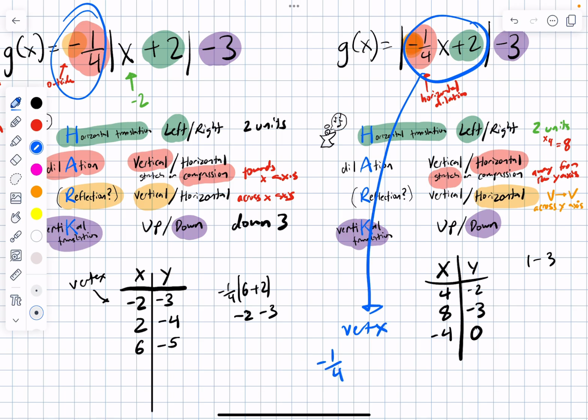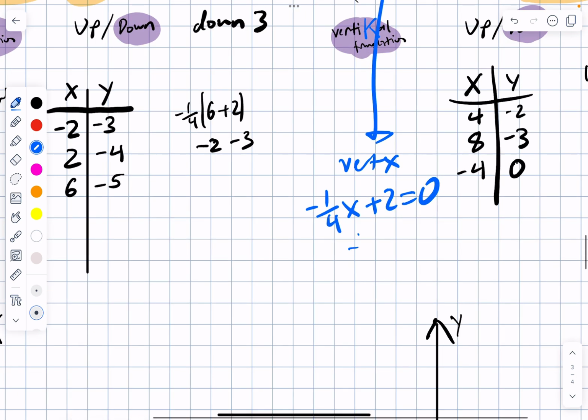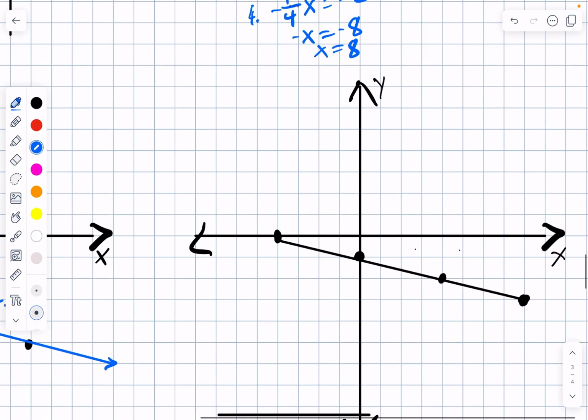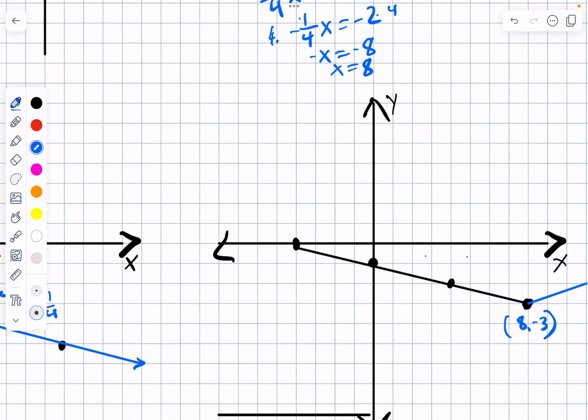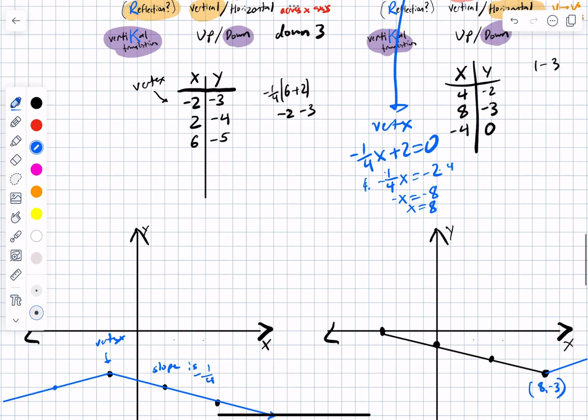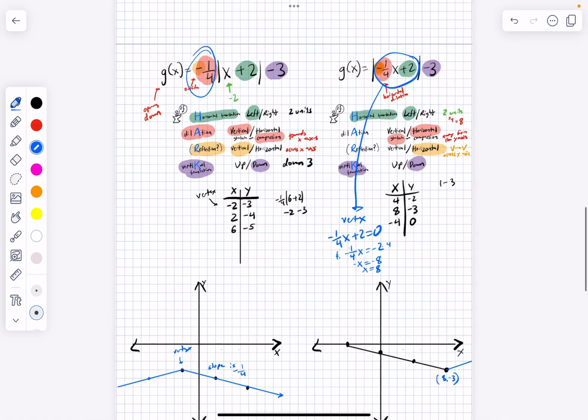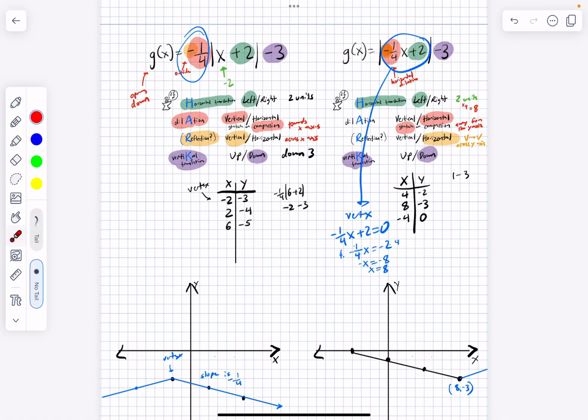So -1/4 x plus 2 equals 0. -1/4 x equals -2. Multiply by 4. Negative x is -8. x equals 8. So I know this is my vertex, 8 comma -3. And then I would just duplicate this going this way, the same amount.